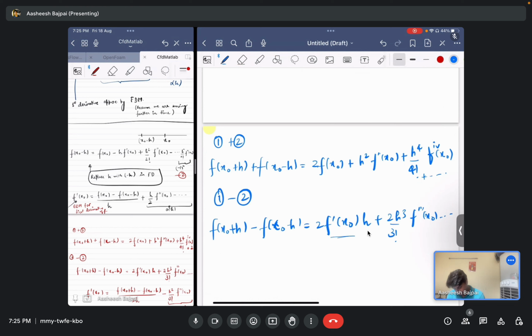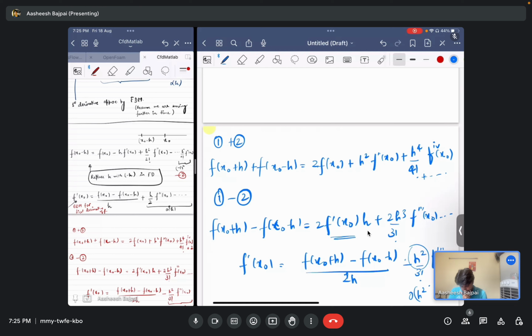So I need to calculate this: f'(x naught) equal to f(x naught plus h) minus f(x naught minus h) by 2h, minus h square by 3 factorial f'''(x naught). So this is order of h square.